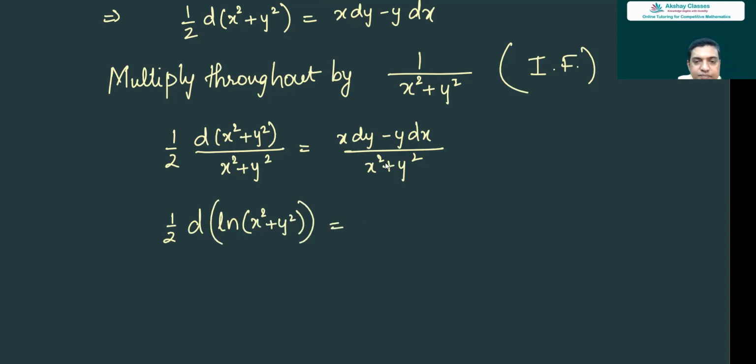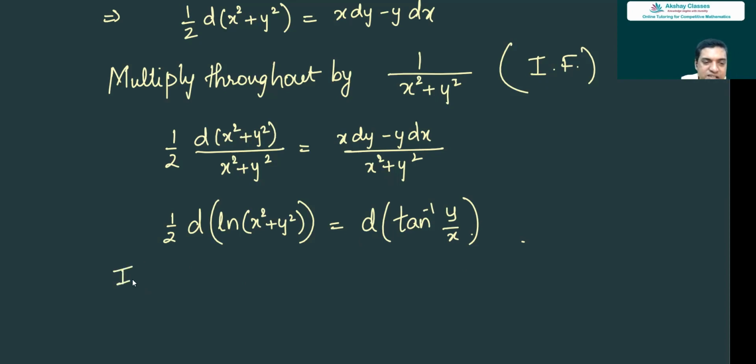And this one, just now we did, is the derivative of tan inverse (y by x). Because you can write it in two steps, divide by y square, divide by x square, and you get d of (y by x) by 1 plus (y by x) whole square. So now integrate, you get the solution.